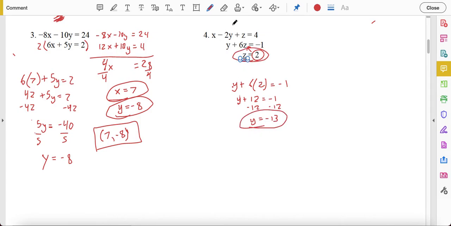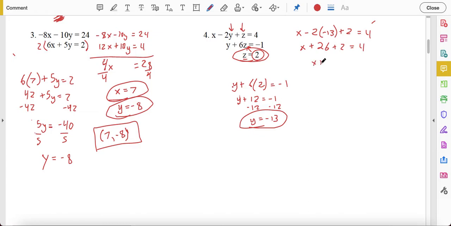Now I just got to substitute both of those, y and z, into this top equation to have an equation with just x in it. So x minus 2 times negative 13, that's y, plus 2, which is z, equals 4. So x minus 2 times negative 13 is plus 26, plus 2 equals 4.